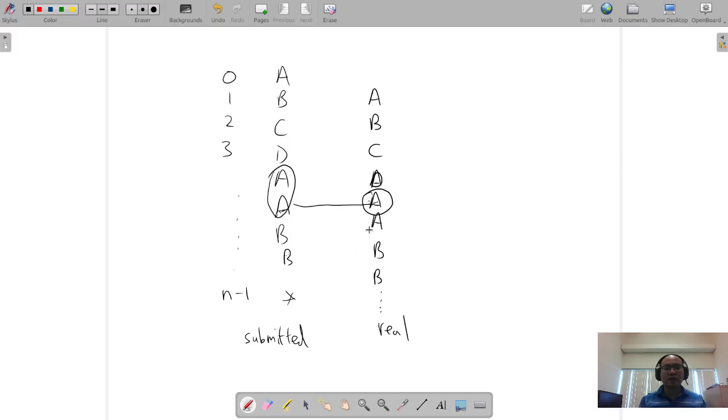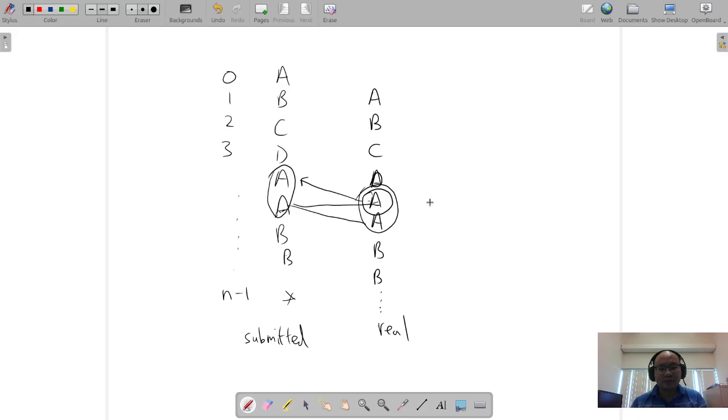Because if this is the correct answer, you shift it up, then to have it match, you must have two same answers in a row. And that is really the only possible way. So basically, all we have to do is figure out how many pairs of consecutive answers are the same. And there can be many ways you can do this. And I guess it's just a matter of coding it.